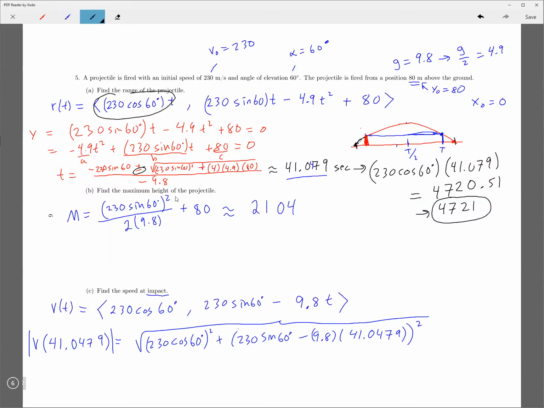All this part is squared. And I get approximately 233.284, which means if we round it to the nearest whole number, that's 233 meters per second.